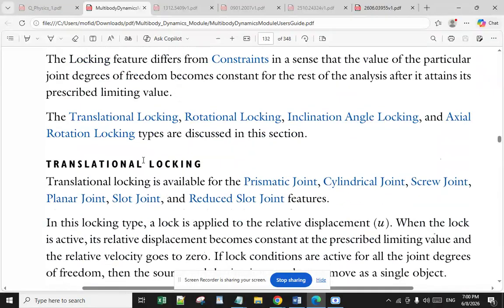The locking feature differs from constraints in the sense that the value of the particular joint degree of freedom becomes constant for the rest of the analysis after it attains its prescribed limiting value. The translational locking, rotational locking, inclination angle locking, and axial rotation locking types are discussed in this section.